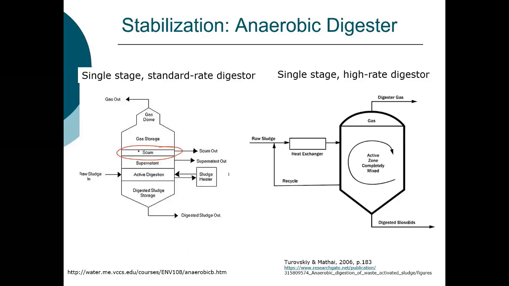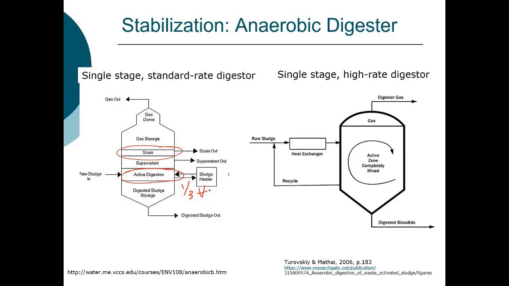And actually, you see that the active digestion layer is typically only about 1/3 of the tank volume. The rest are the supernatant and the scum layer, digested sludge storage, and gas storage.